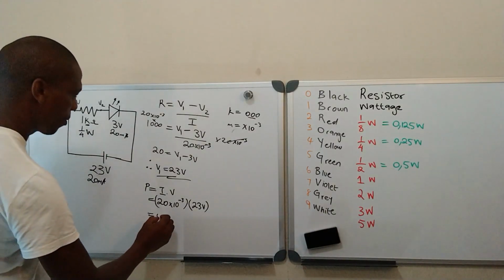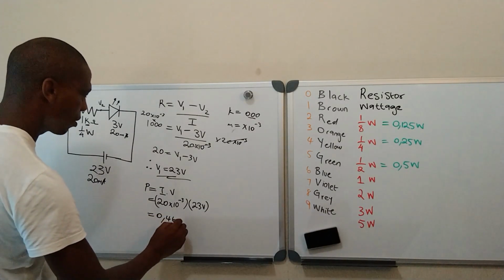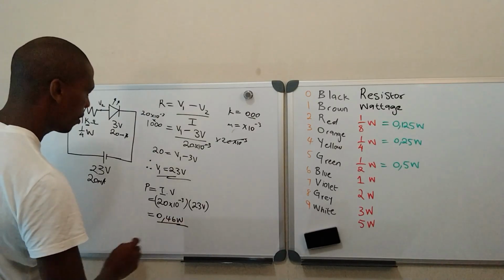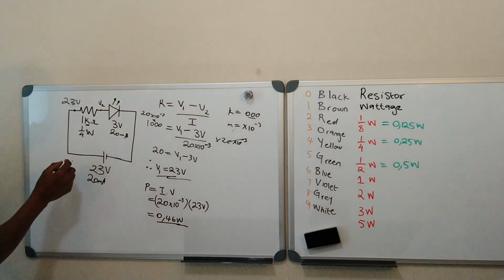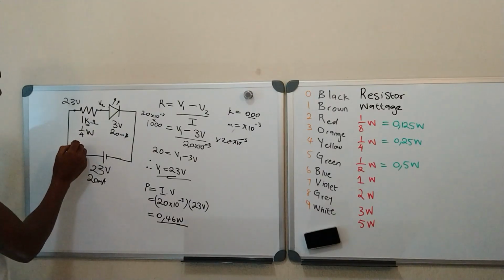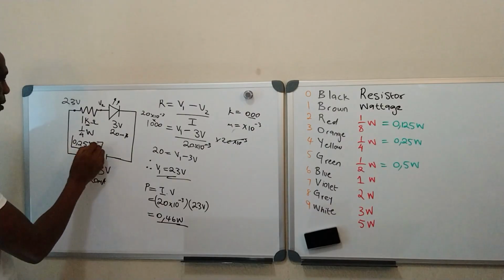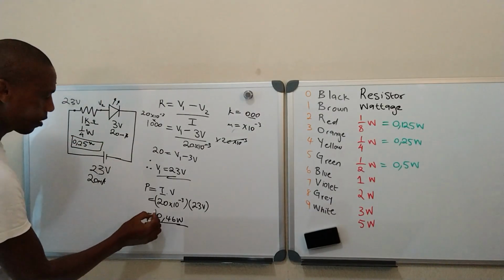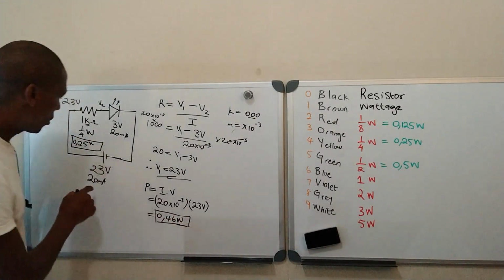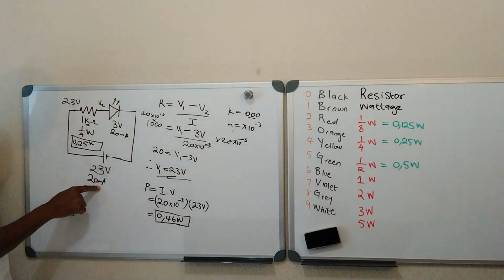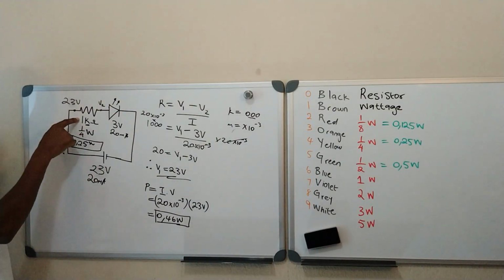And the wattage I'm getting is 0.46 watt, and this one is equal to 0.25 watt. Can you see that? The wattage that will be produced by the battery is more than the wattage that the resistor can handle.